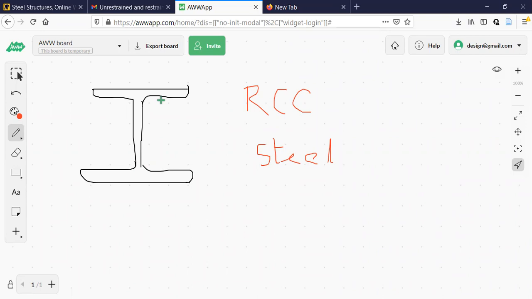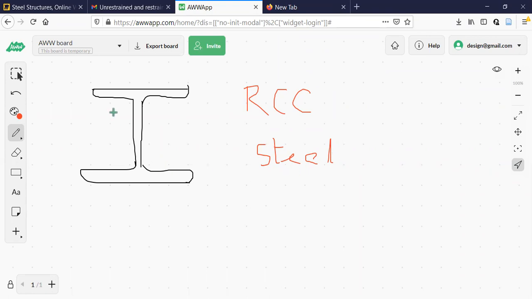So usually how is it done? According to me, steel beam design is easier than RCC beam because you don't have to deal with the sizes here. You have to select whatever size is available in the market. You cannot say let it be 230 by 450, 230 by 500. That is not possible here.